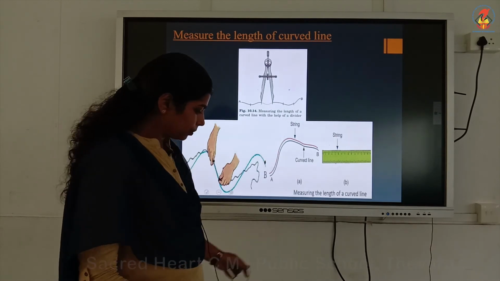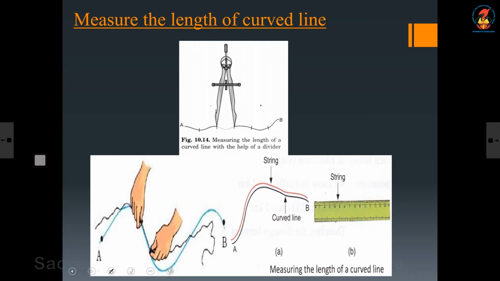So we will take the divider and set a small distance between its two legs, and we will measure from A to B. Suppose this one is 5 millimeter. So, 1, 2, 3, 4, 5, 6. 6 is there.